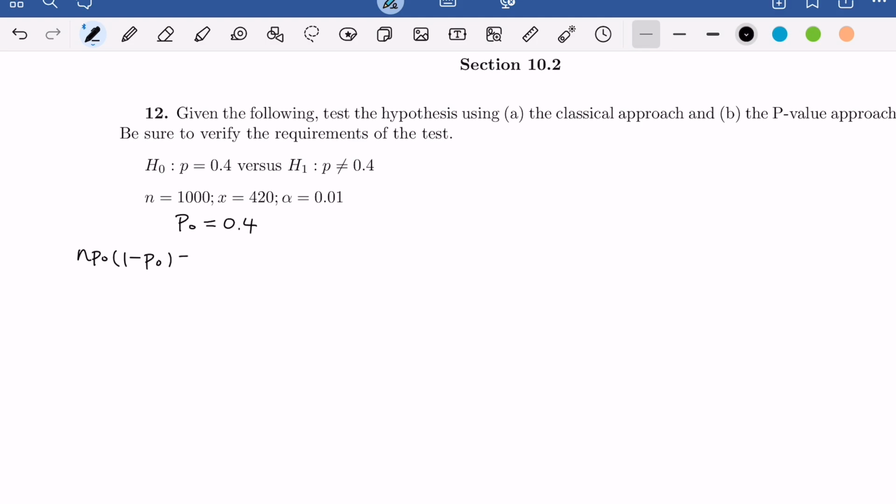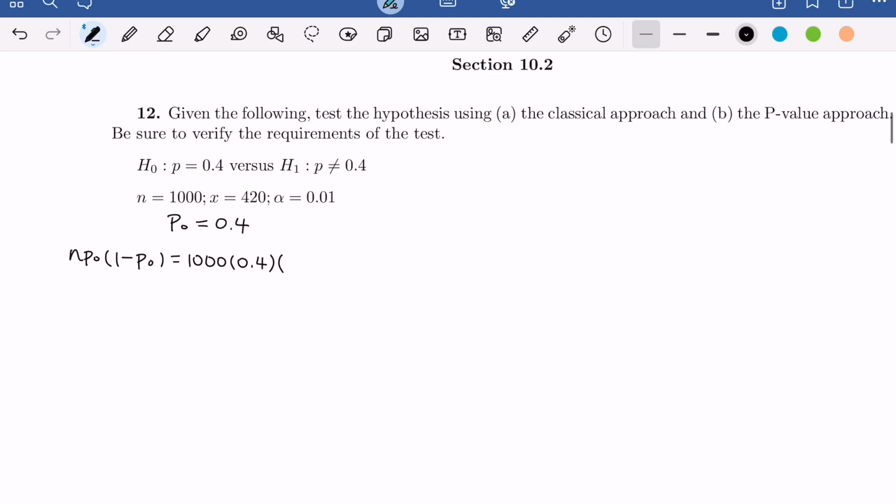So we're just going to plug in our known information here. We know n is 1,000 times 0.4 times 1 minus 0.4. All right, so this quantity is going to be 240, which we know is greater than 10.